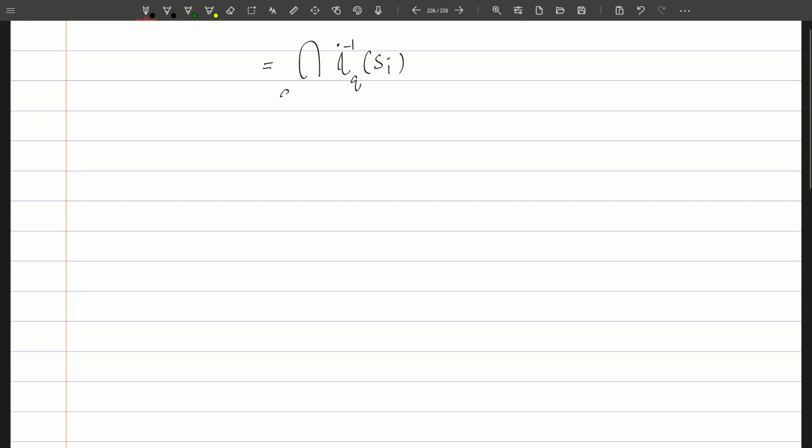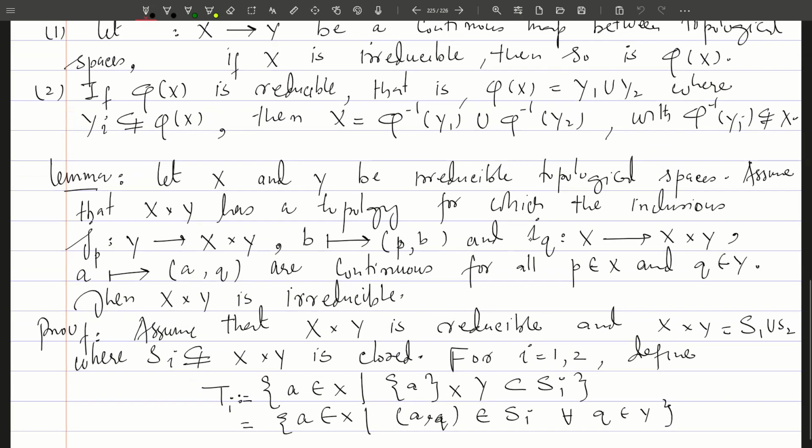This intersection runs over the elements of Y, because we have this iq, which is a map from X to X cross Y. So if we look at iq inverse of Si, it is actually the set of all the points a in Si such that the point (a, q) is in Si, which is precisely this set Ti.